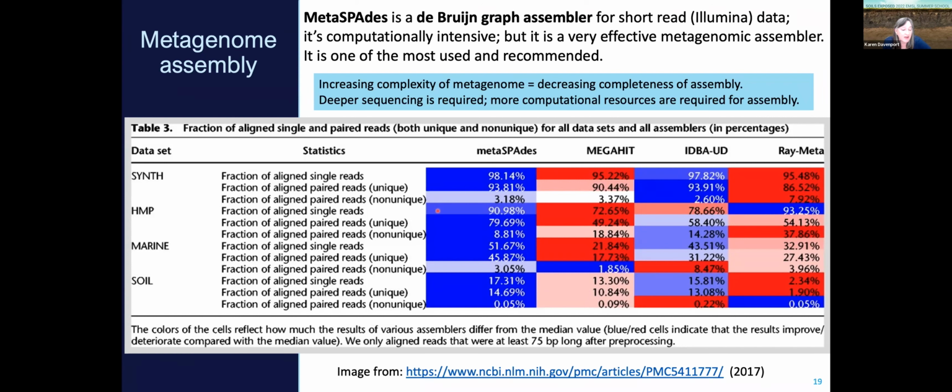If you look at the next one, as you go down, this begins to drop, the amount of reads that map back to the assembled contigs. And as you go further down, you see that the more complex the metagenome, the less capable we are of actually assembling all of the data. But MetaSPAdes is still the most effective metagenome assembler we have at present.